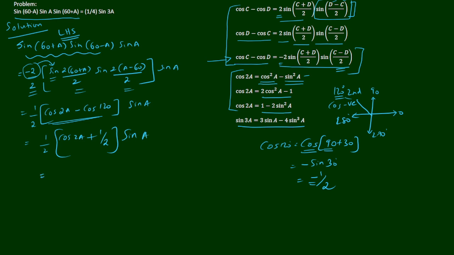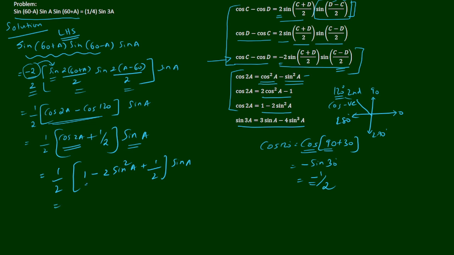Then comes cos 2a, which can be written as, we want to have everything in sine and see what happens. So 1 by 2, 1 minus 2 sine square a, plus 1 by 2, sine a.